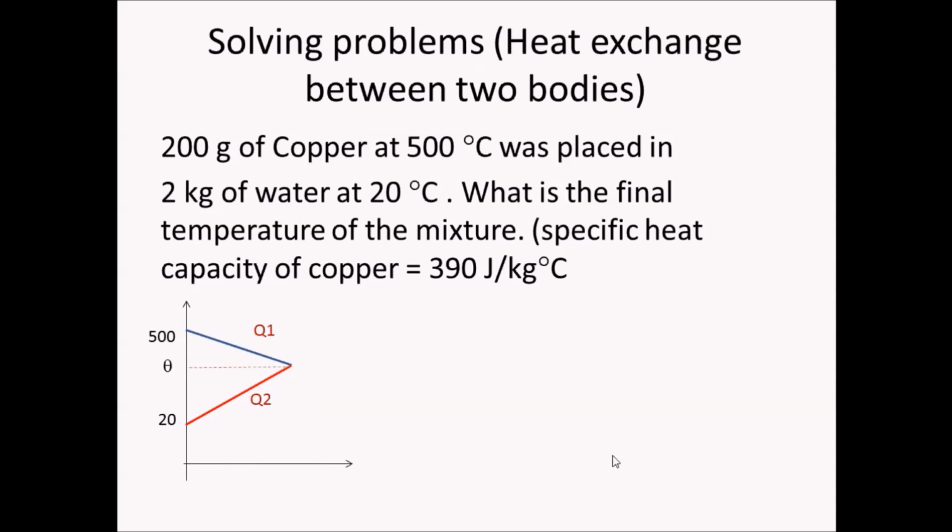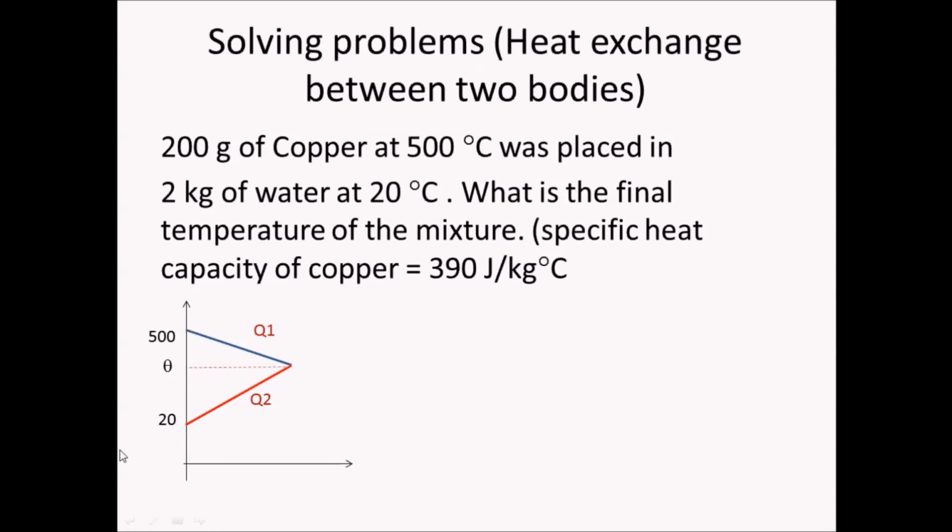Now, because we have to make an assumption that the water doesn't boil, in that case, it's a single stage process for both copper and water. Copper is cooling down from 500 degrees to the unknown temperature theta, while water is heating up from 20 degrees to the unknown temperature theta.